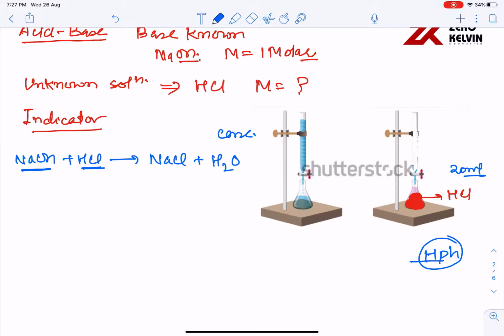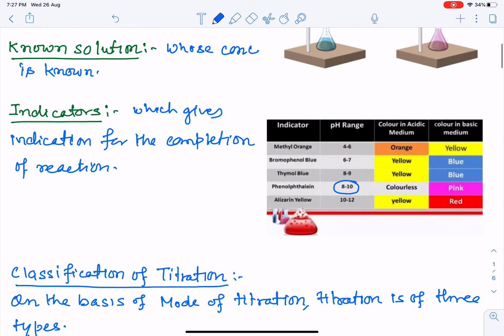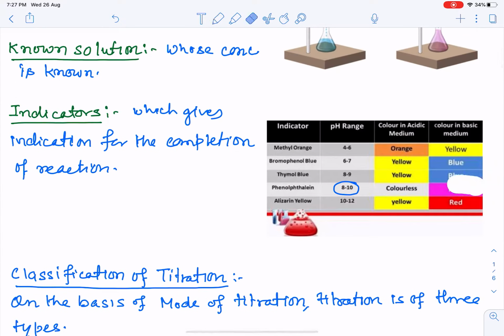Suppose after the neutralization point is reached, I add 1 or 2 drops of NaOH. Then 1 or 2 drops of NaOH are sufficient to increase the pH to around 8 or 8 point something. As soon as the pH of the solution comes to 8, the solution will be relatively basic, and we will get the pink color like this.